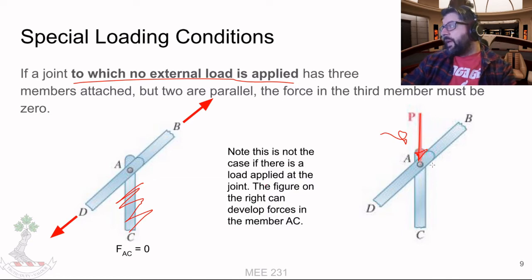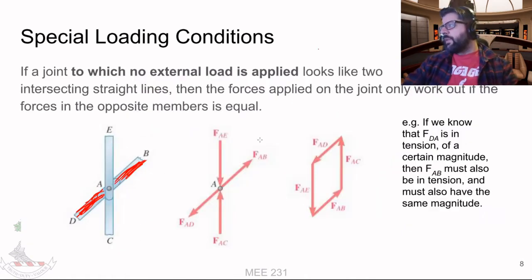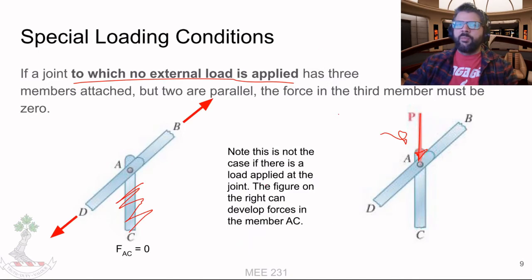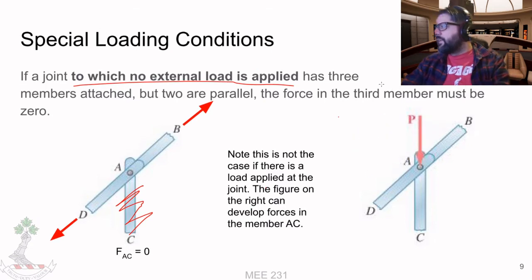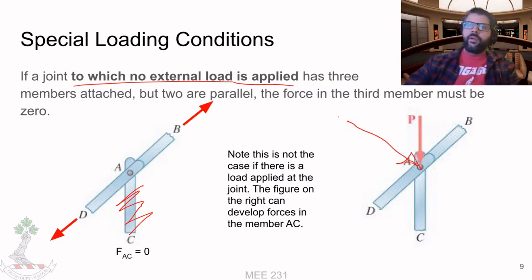And in this particular case, where the force is acting parallel to AC, then we're also getting back to this situation here, basically. So then we know that the force that does develop in AC would be equal to the load P, and it'd be in compression. But that wouldn't necessarily be the case if we instead had a force that was acting at a different angle there.